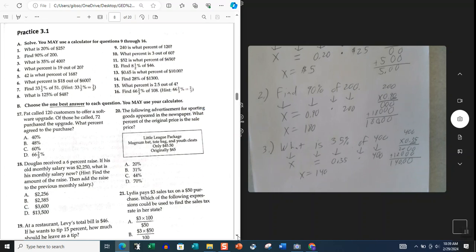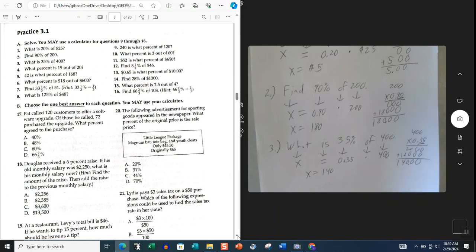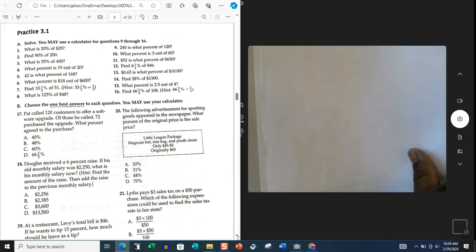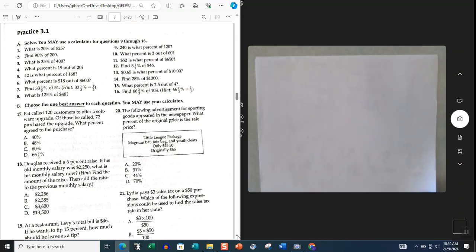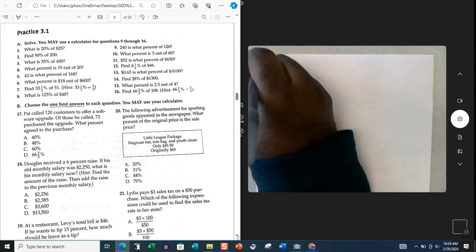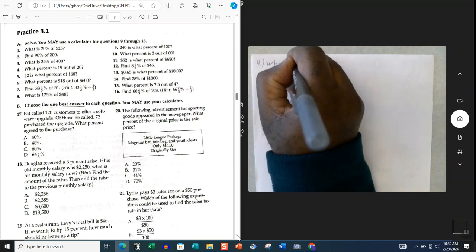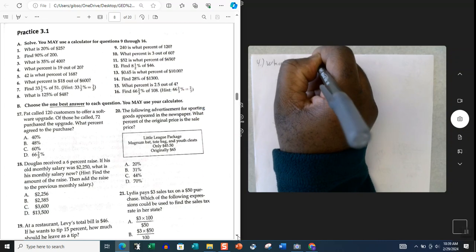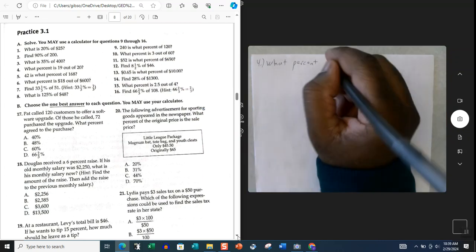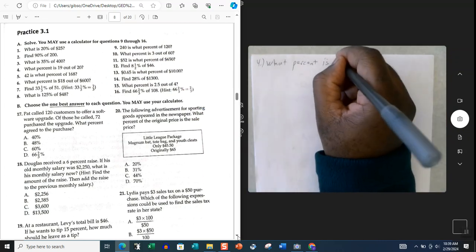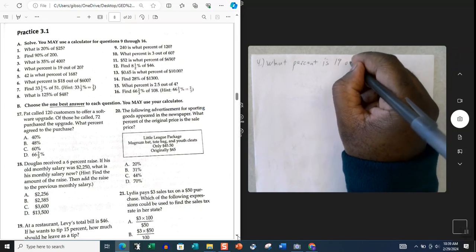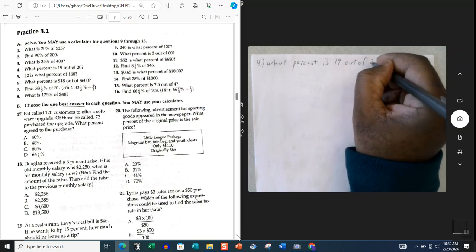Now the fourth problem I do need to write out. So let me flip this paper over, because this starts out a little differently. It says, what percent is 19 out of 20?